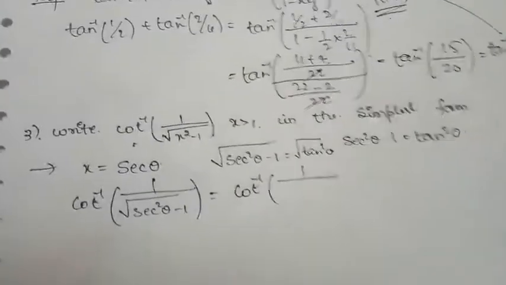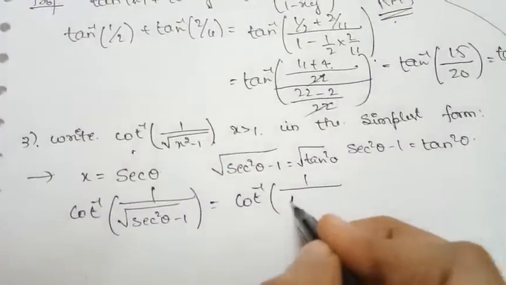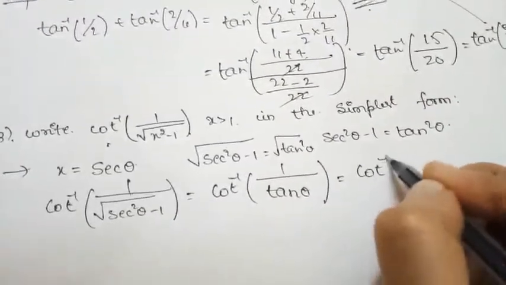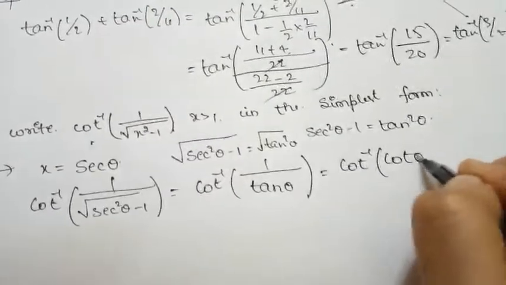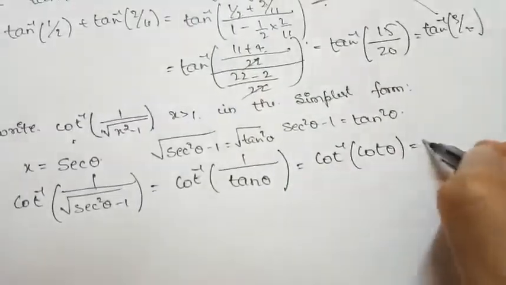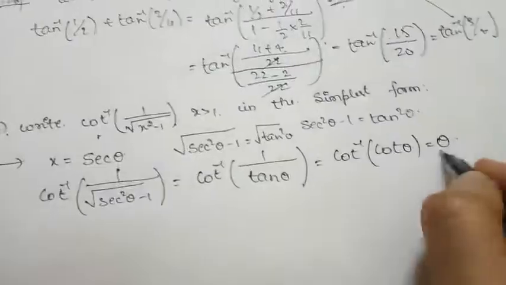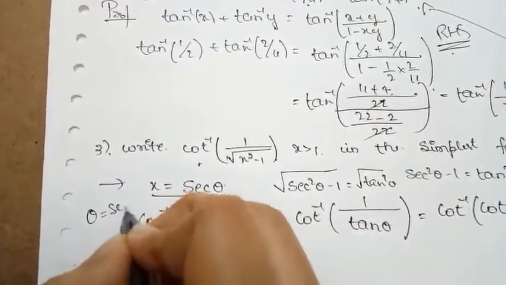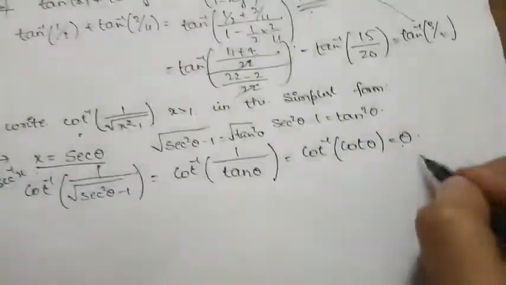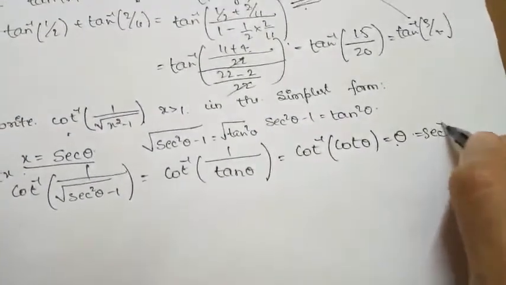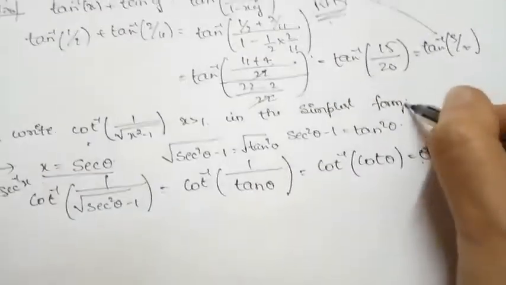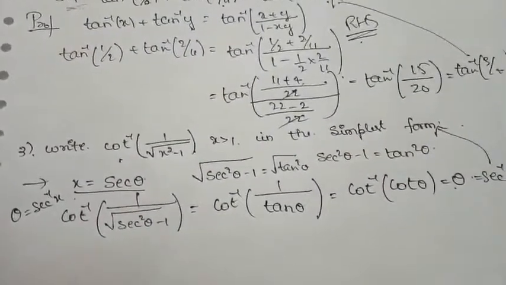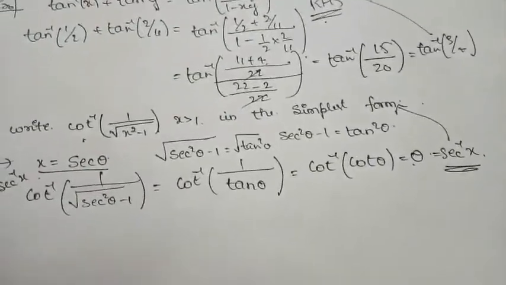Square root of tan square theta is nothing but tan theta. So 1 by tan theta, which is nothing but cot theta. So cot inverse of cot theta means theta itself. Since x is equal to secant theta, theta is nothing but secant inverse of x, and this is the simplest form of cot inverse of 1 by square root of x square minus 1. So this is the simplest form.